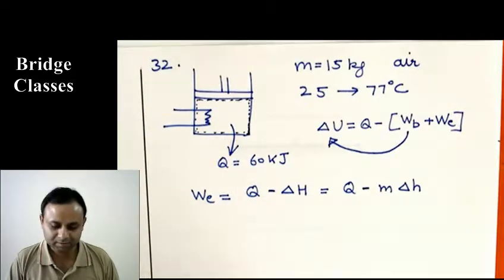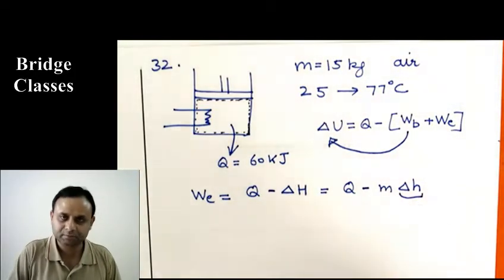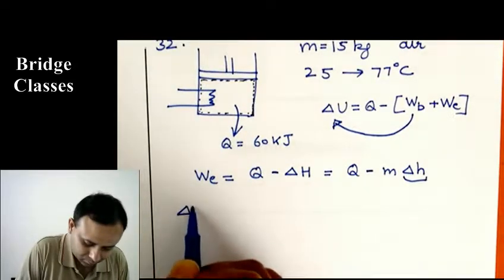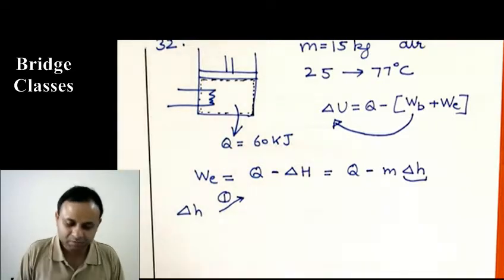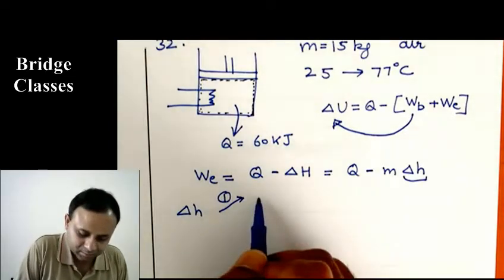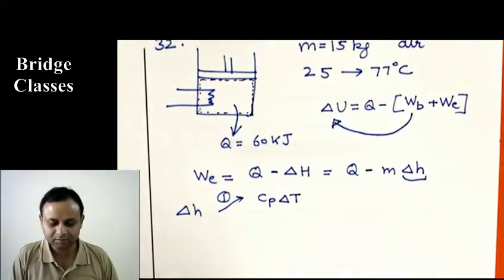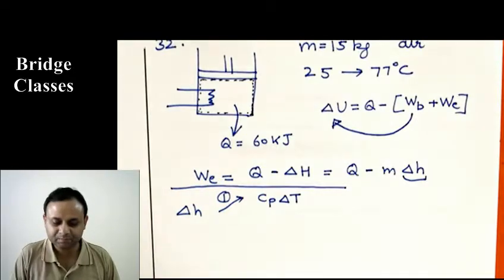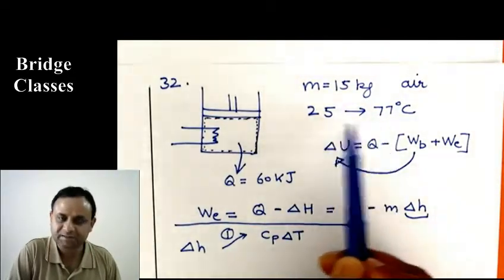And for delta H, we have two options. It's an ideal gas. One option is to take this as Cp delta T. So we can read the value of Cp at an average temperature. This is 25, this is 77, at some average temperature.